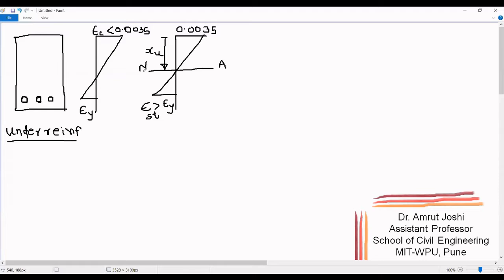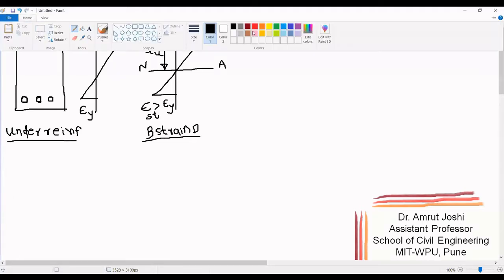Now, how this bending strain distribution diagram for the under reinforced section at failure is different from the bending strain distribution diagram for a balanced section.